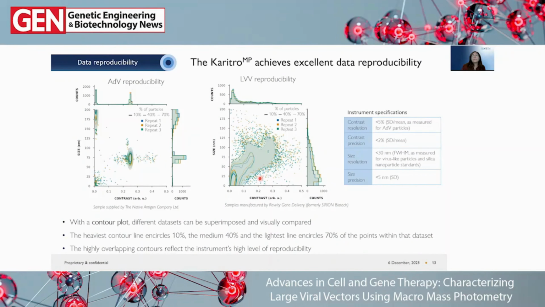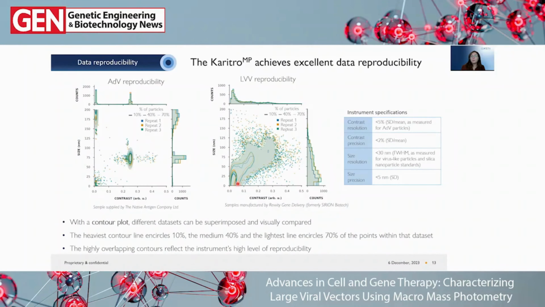The reason why we decided to use the contour plot in here is because it's much easier to look for similarities and differences when overlaying data, in this case repeated measurements. In order to be able to read it properly, I would like to focus on the lentivirus reproducibility data so that I can explain how to look at this type of visualization.